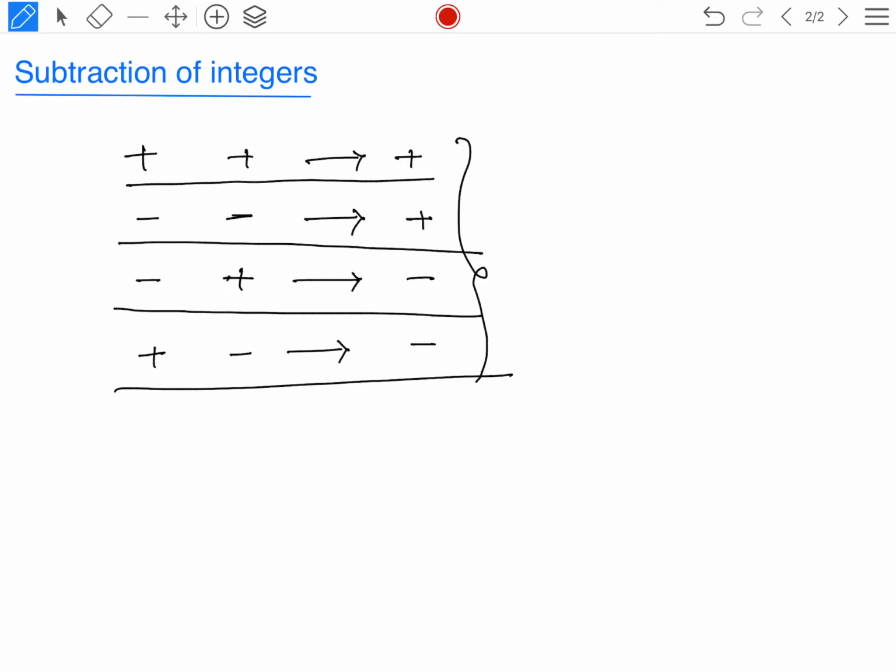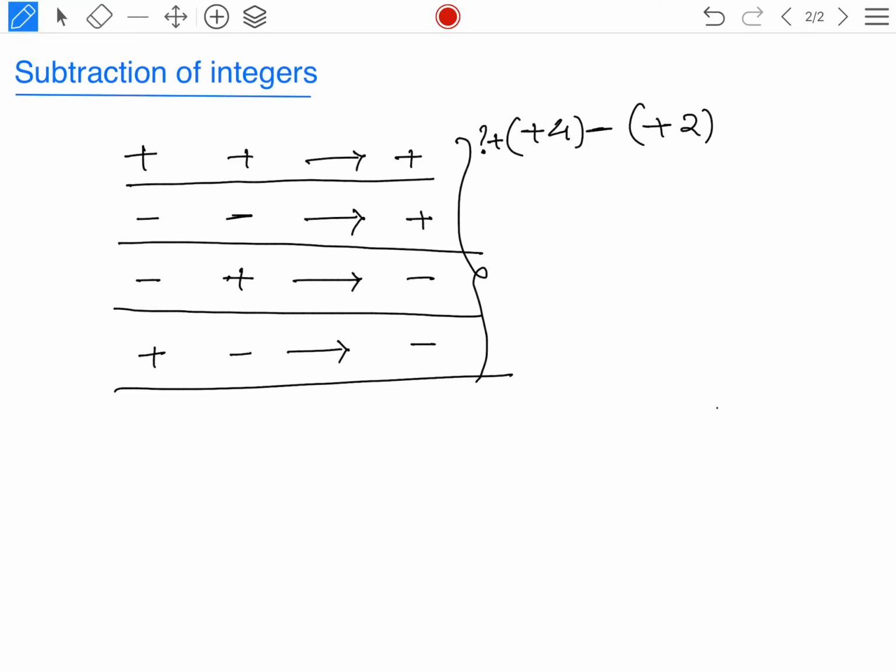First example, suppose one question is given, plus 4 minus plus 2. Now in this case, what will we do? Whenever there is nothing given, that means you can imagine that there is a plus sign here. Understood? So plus signs are usually not given.